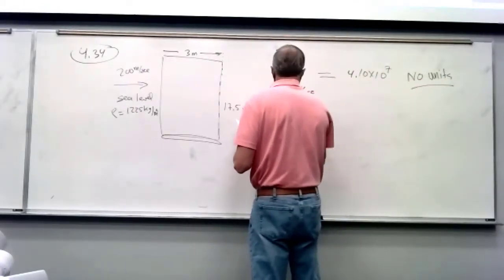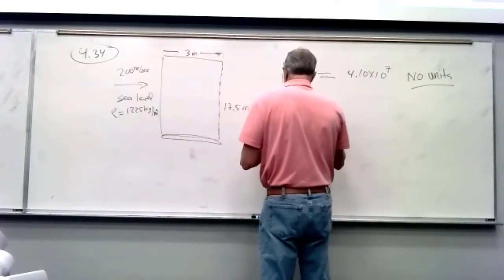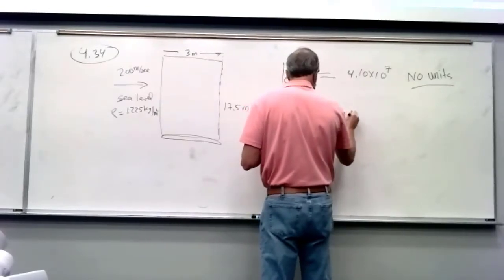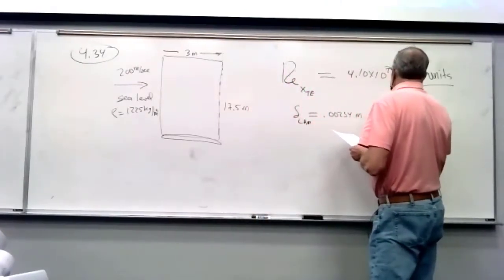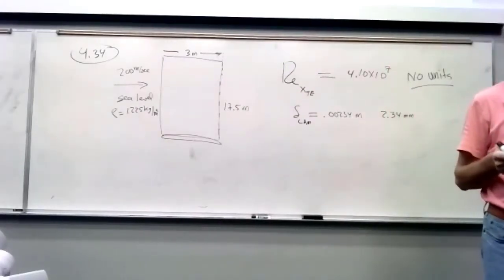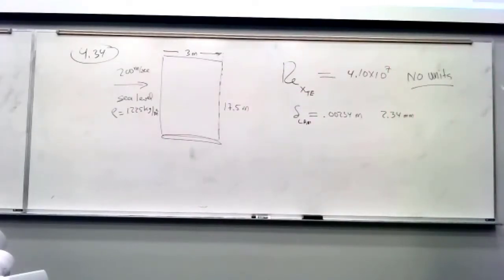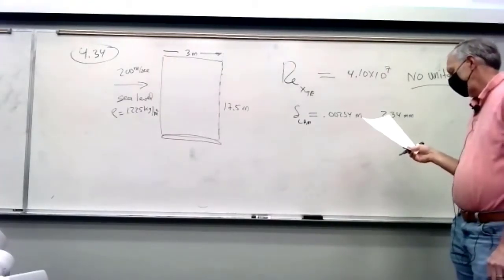Alright, so you use the laminar formula for delta. She did 0.00234 meters or 2.34 millimeters. Did you get that number, plugging into that formula? I got 2.43. I got 234.